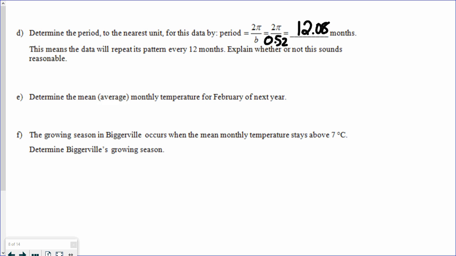This means the data will repeat its pattern every 12 months. Explain whether or not this sounds reasonable. Yeah, weather patterns repeating every 12 months sounds reasonable to me. If it was more or less, then suddenly there would be snow in July after a couple of years. So yes, weather patterns are periodic in that they follow the same pattern year to year.